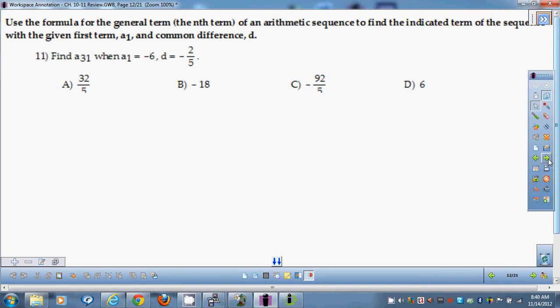So exact same as the last problem except for what? Arithmetic. And what's the arithmetic formula? Well, it's the same except that instead of geometric, it's arithmetic. What's the formula? Yes, ma'am.